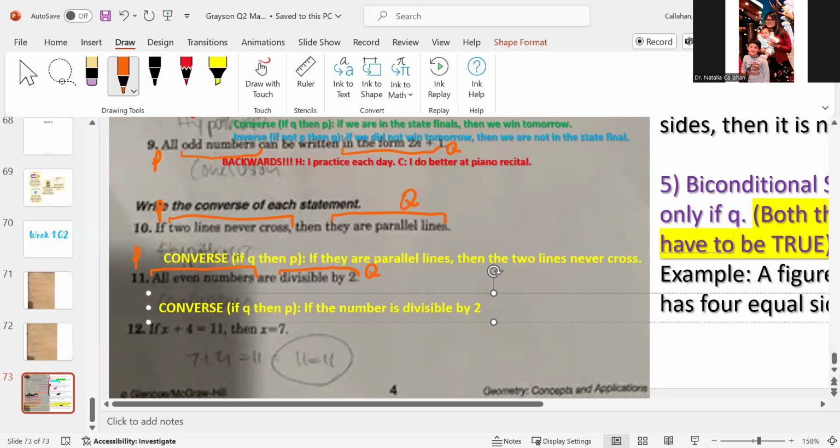So you have to go backwards, right? If a number is divisible by 2, then it is an even number.